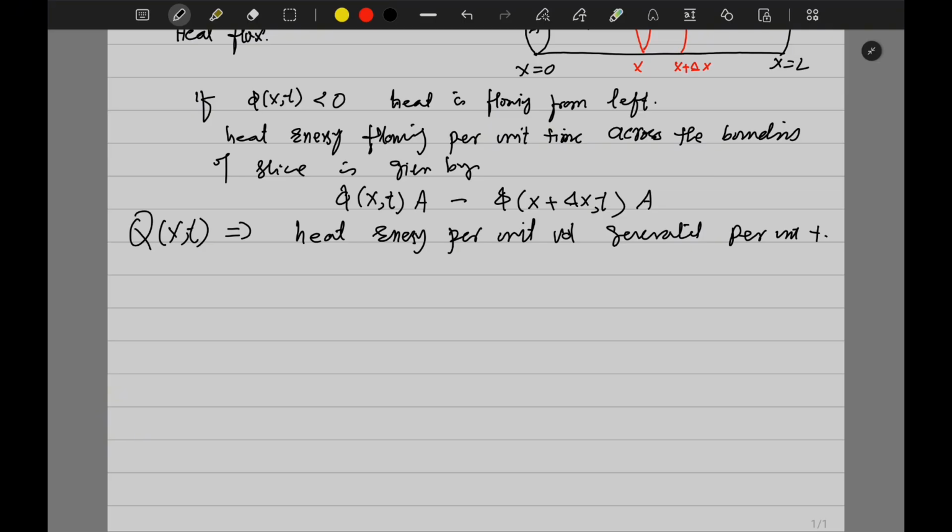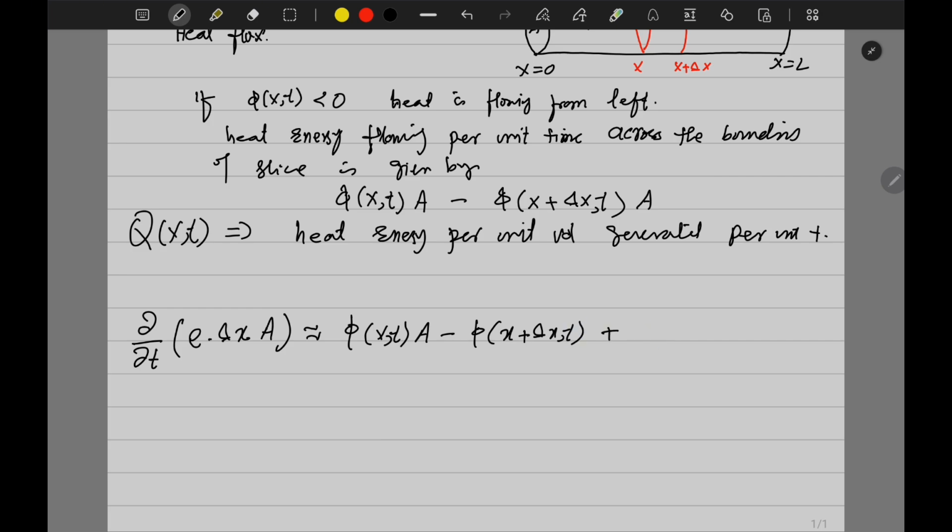Now we'll put everything together to see the conservation of heat energy within this thin slice. So d by dt of E times delta x times A is approximately equal to, we'll see why this is an approximation, because here we are making many assumptions and keeping a lot of things constant.